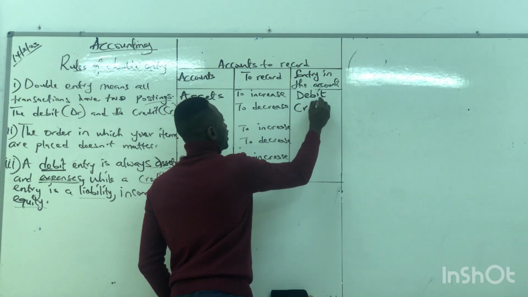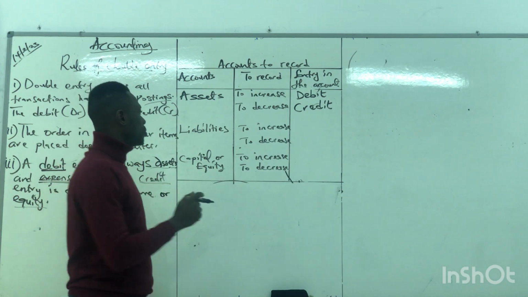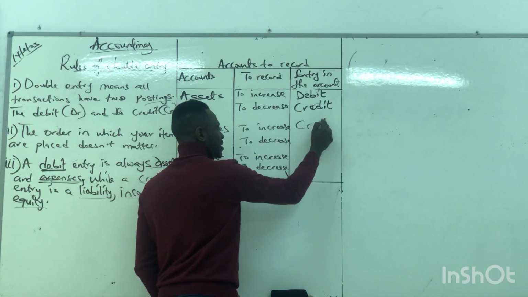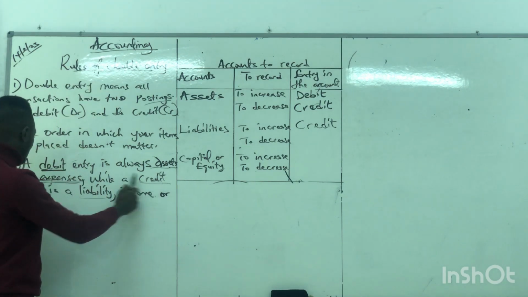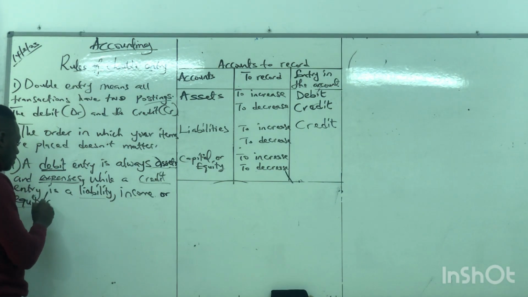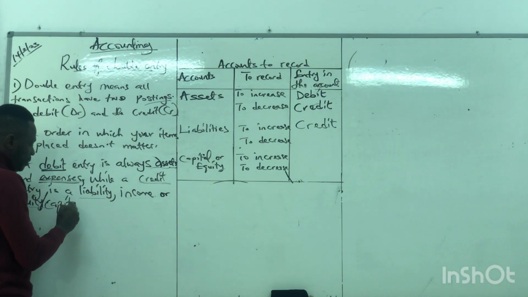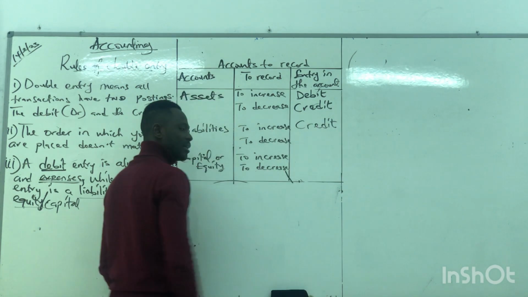So to increase our liability, what do we have to do? We credit. Remember we said credit: liability, income, or equity, which is the same as capital. So to increase our liability, that should be a credit entry.